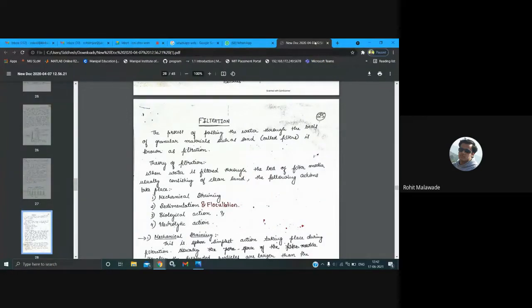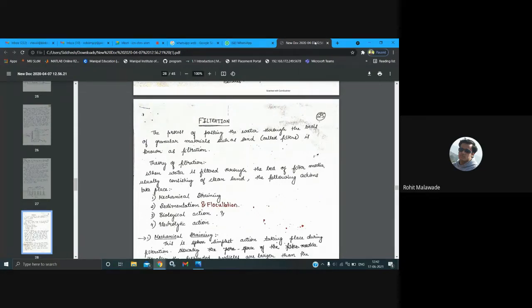It is going to filter water, or remove what? What is it going to remove? Sand particles? No. It is going to remove the finer suspended particles which do not settle down in coagulation sedimentation.